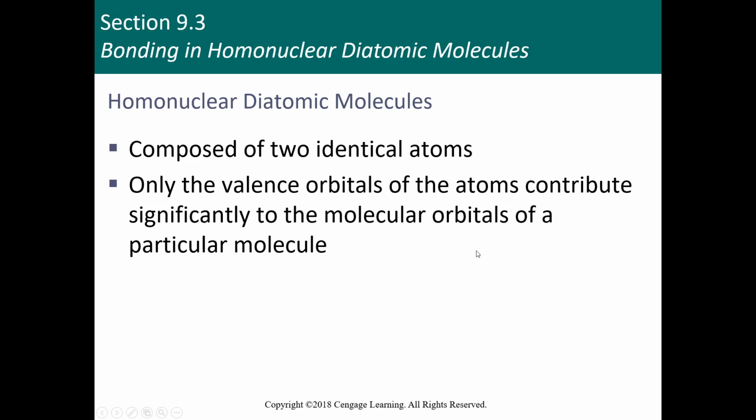Only the valence orbitals of the atoms are going to contribute significantly to the molecular orbitals of any given molecule. What that means is you can safely ignore the non-valence electrons. So for something like carbon, you can ignore that first s safely. You don't even have to worry about it.